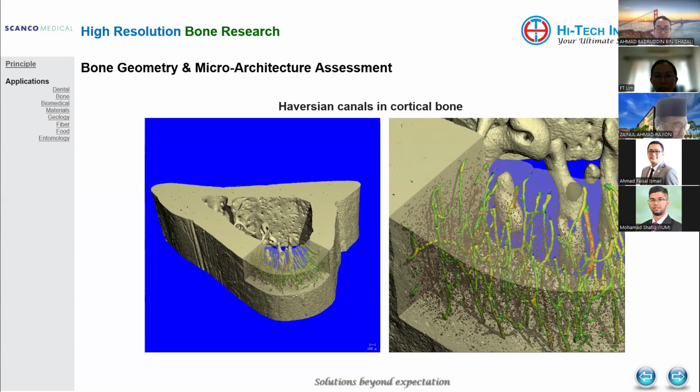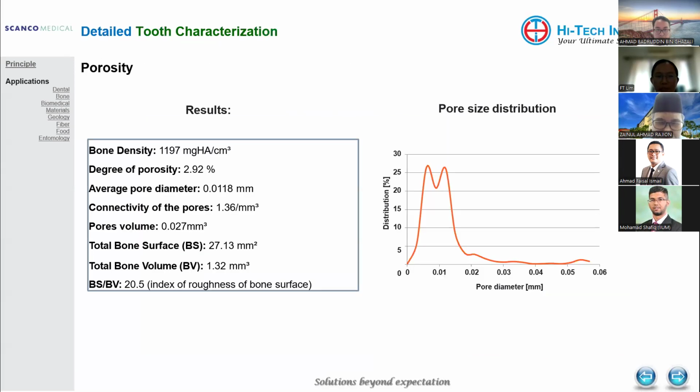When you look into bone density of a new bone, there's around 197 micro HA. That means HA is a Hounsfield value, is it per cube? Correct. We do have our own calibration. It's a good study, so we can see new bone formation and the density.